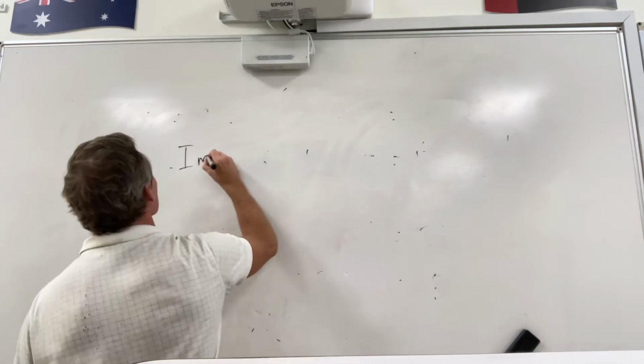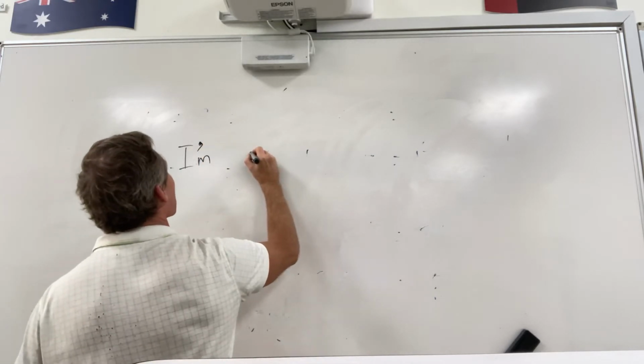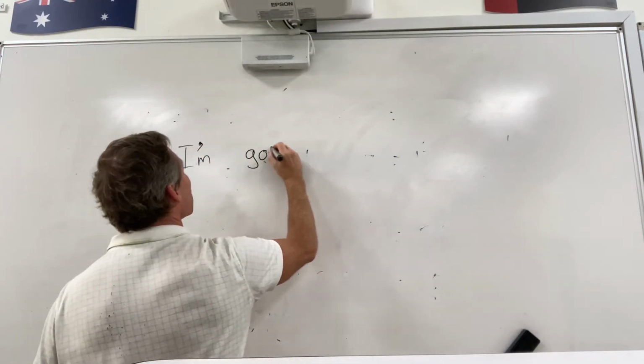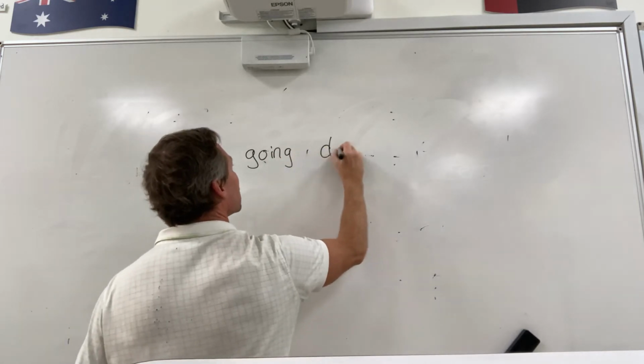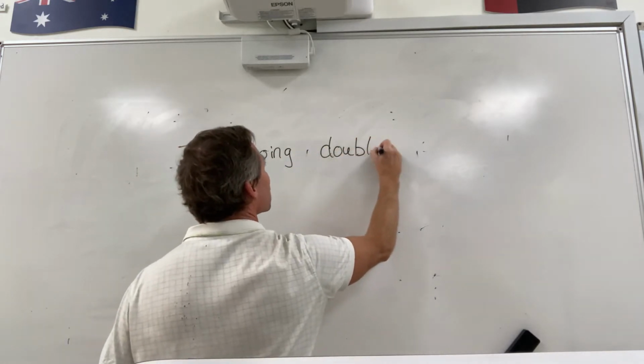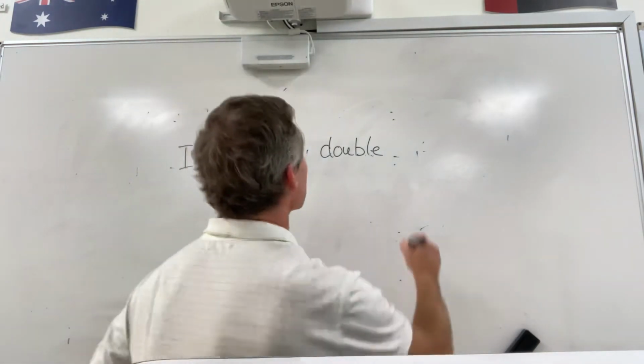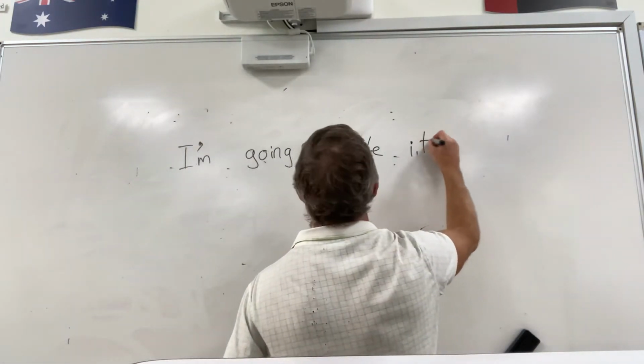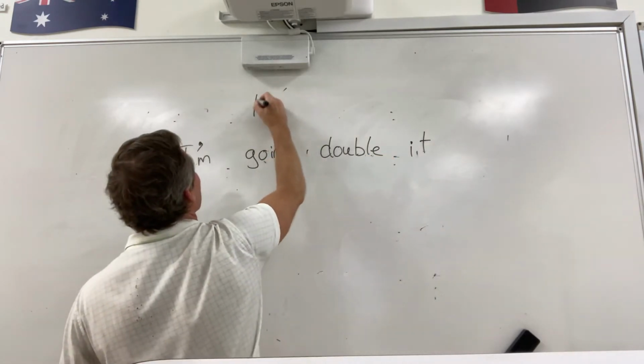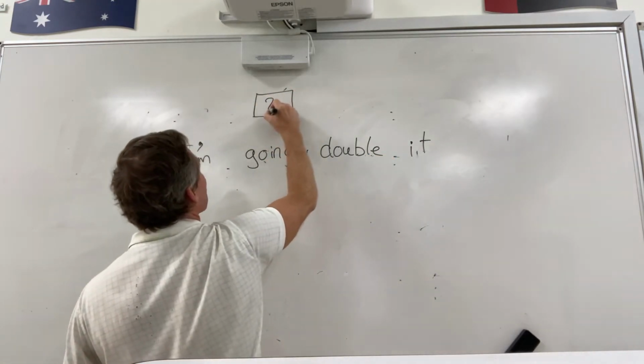I'm going to double it. So if you double it, you're multiplying it by 2. So I've got this number.